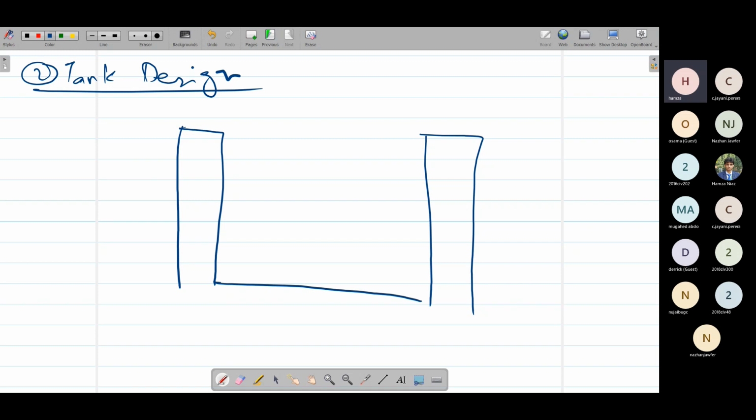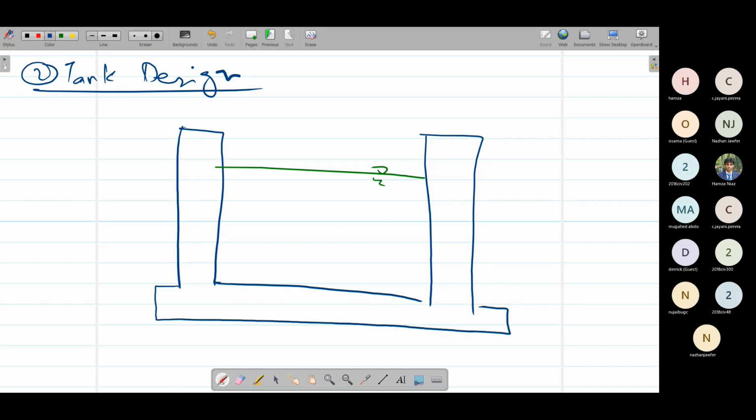So suppose this is the retaining wall of the tank, and here is some water, and this is suppose our base slab, and this is suppose our support for this rectangular tank.